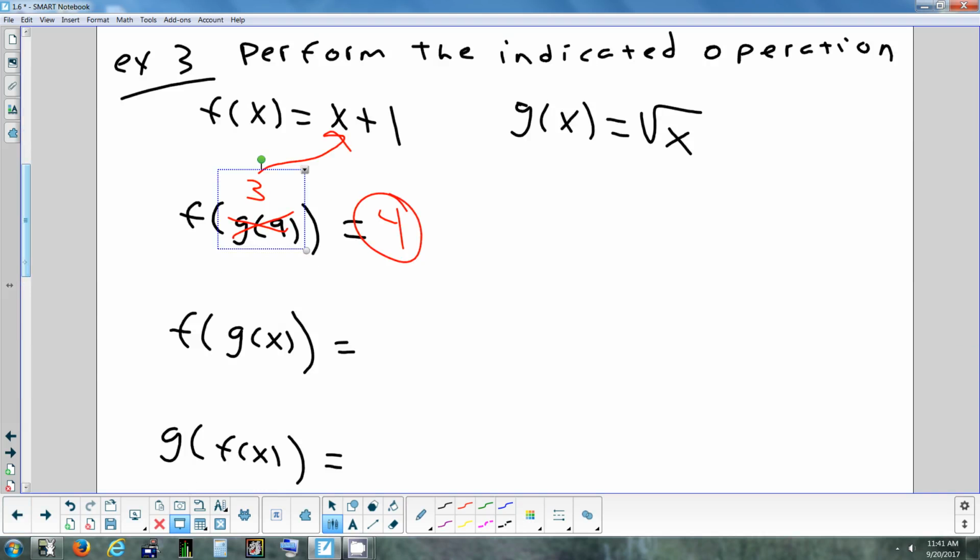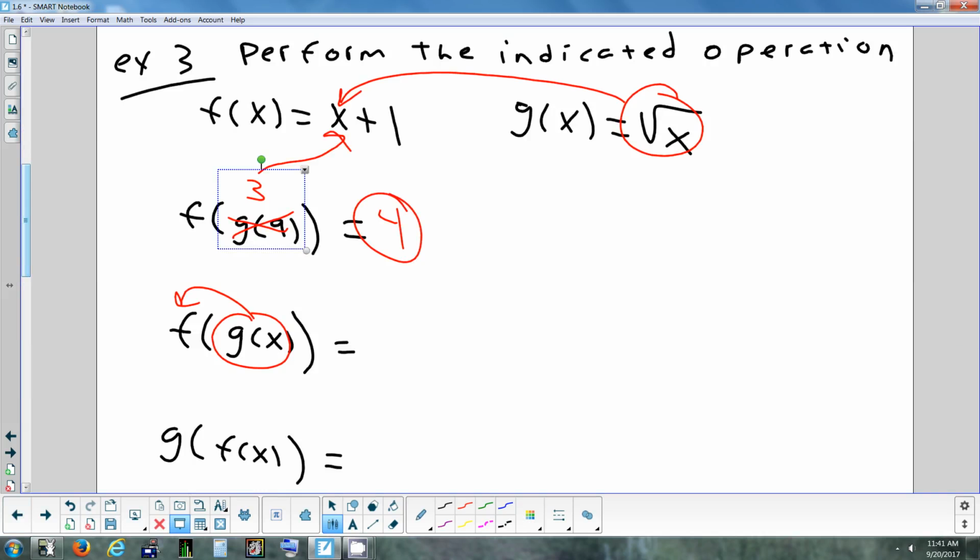Anyone think they could tell me f of g of x? Let's take a look. So we're taking g, plugging it in to f.